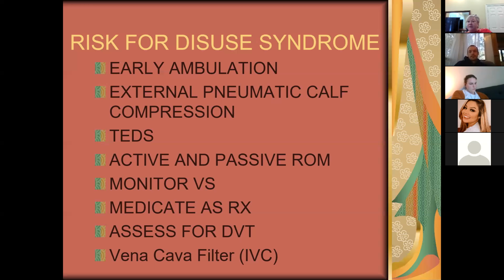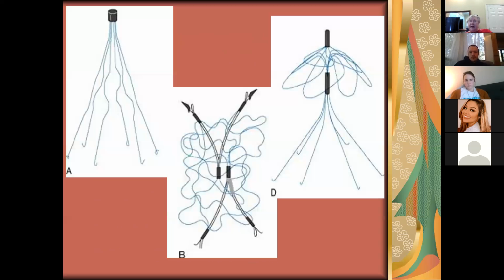Then we're going to do something to stop that clot, and we're going to put in what's called an IVC, an inferior vena cava filter. It's put in the inferior vena cava. These are some pictures of some of them. If that clot breaks loose from their leg or their arm, it's going to catch that clot as it goes through their vena cava and will prevent it from getting stuck in their pulmonary artery.